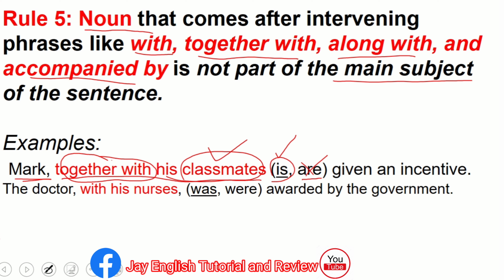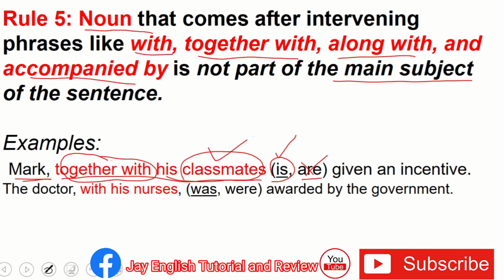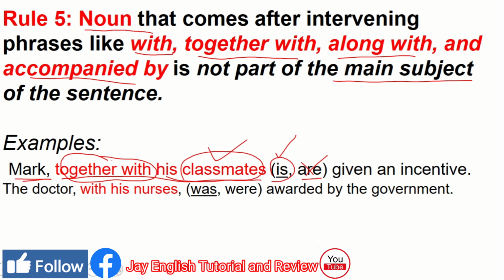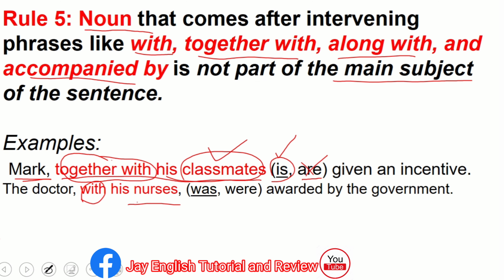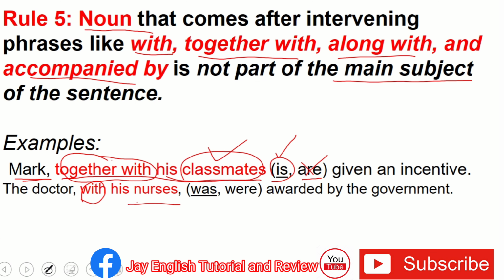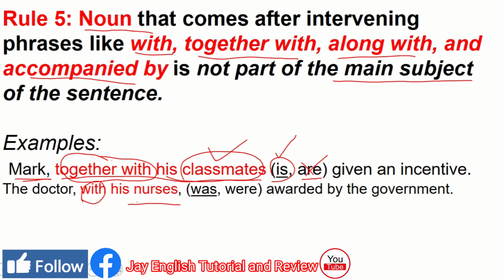Another example, the doctor with his nurses were awarded by the government. So we are using here the intervening phrase "with". And going back to the rule, the noun that comes after it, nurses, is not part of the main subject. Though it sounds plural because of nurses, it's not part of the main subject.